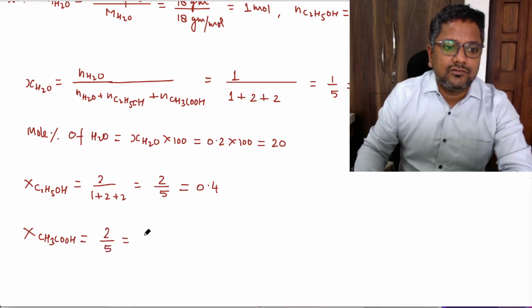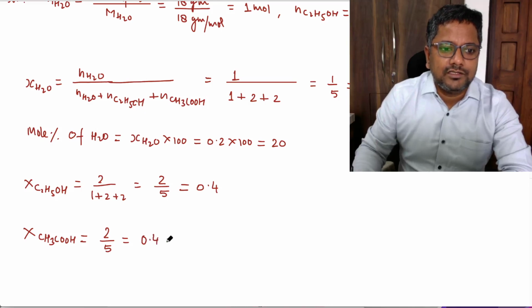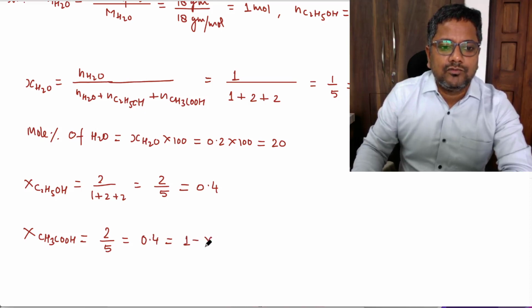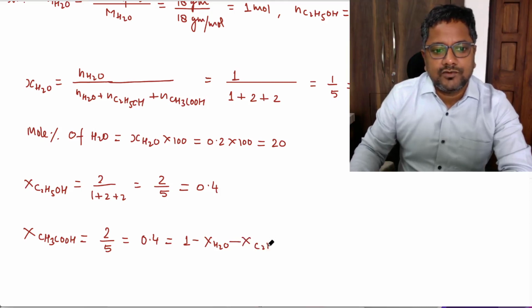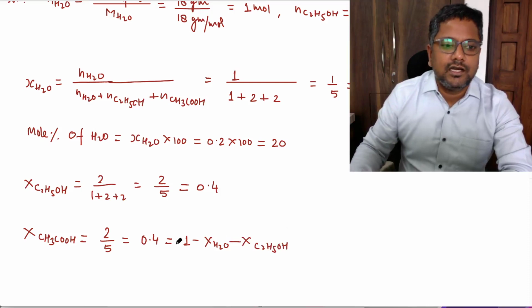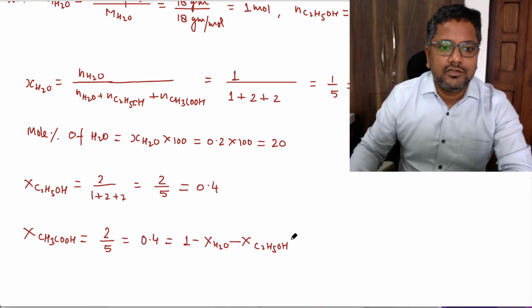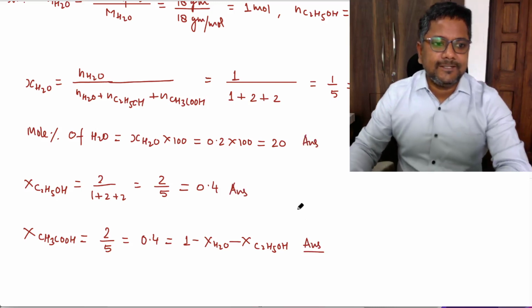This is equal to 0.4, or you can write this is equal to 1 minus mole fraction of water minus mole fraction of C2H5OH. Either way you can use. So this is the answer of this, and this is the answer of this, right?